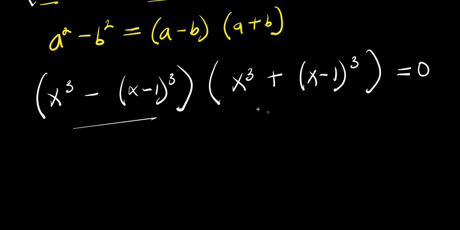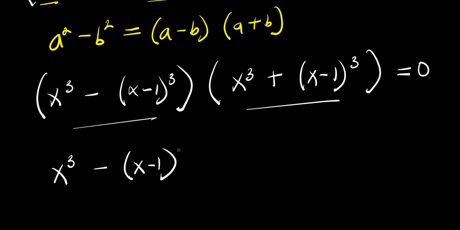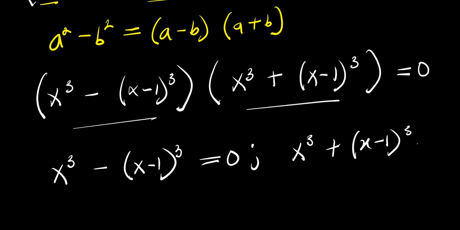We can equate each of these to 0. We have x power 3 minus (x minus 1) power 3 equals 0. We also have x power 3 plus (x minus 1) power 3 equals 0.